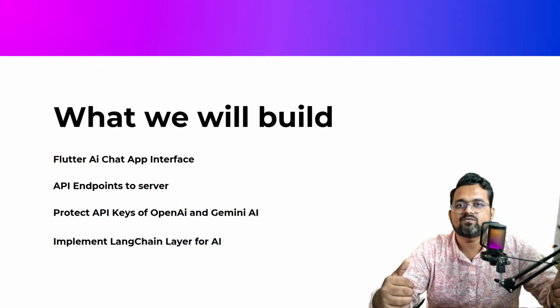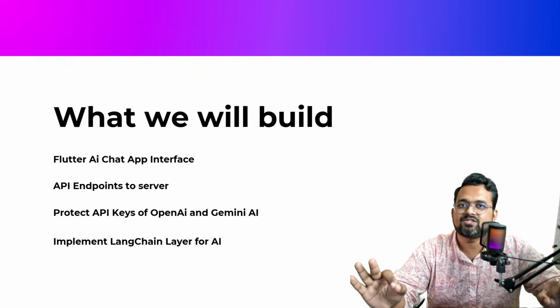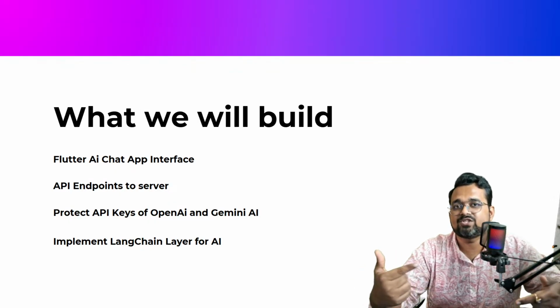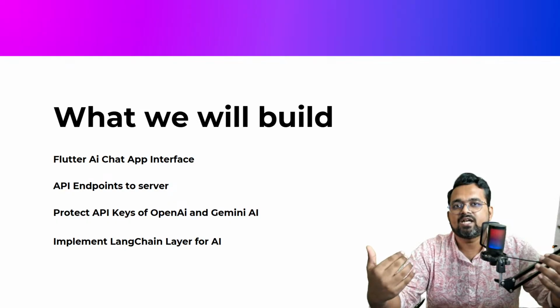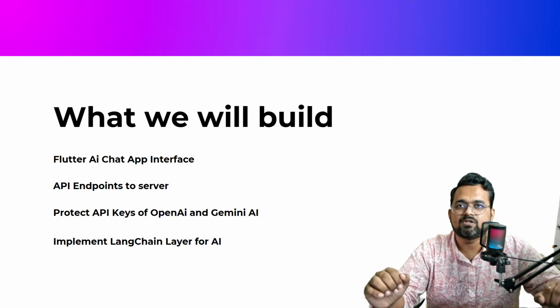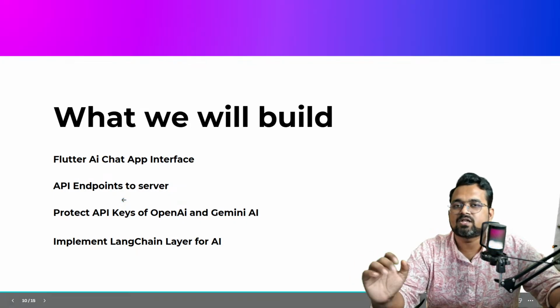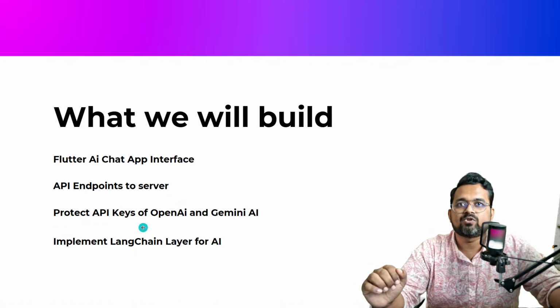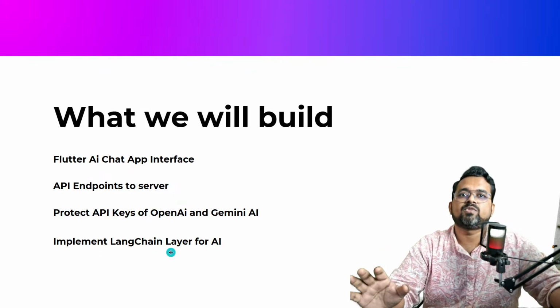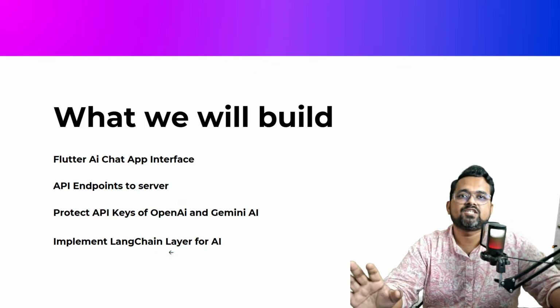Currently, this demo is for text generation, but if text generation is working, you can do image generation, video generation, and triggering tools. We will also cover how to create an endpoint server on a cloud function, how to protect your API, how to set OpenAI and Gemini AI keys and deploy on Google Cloud, and next, how to implement a LangChain layer for AI.